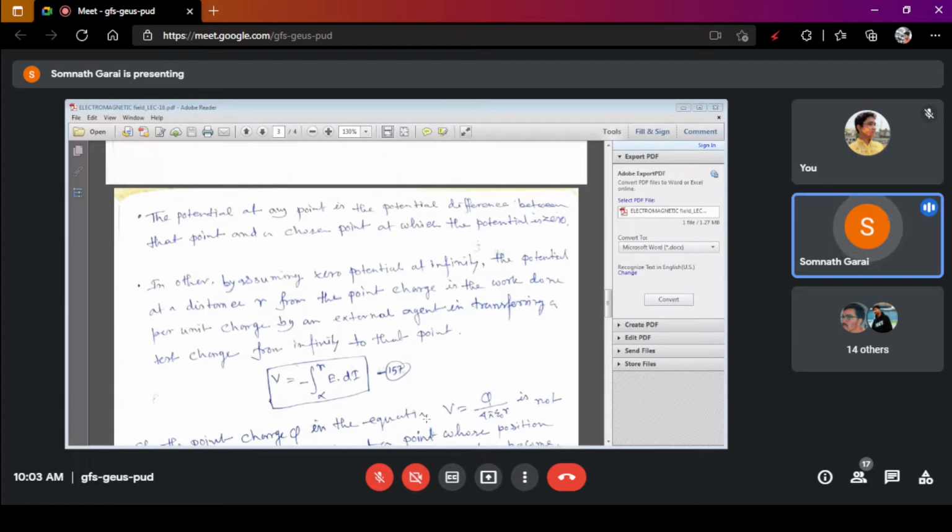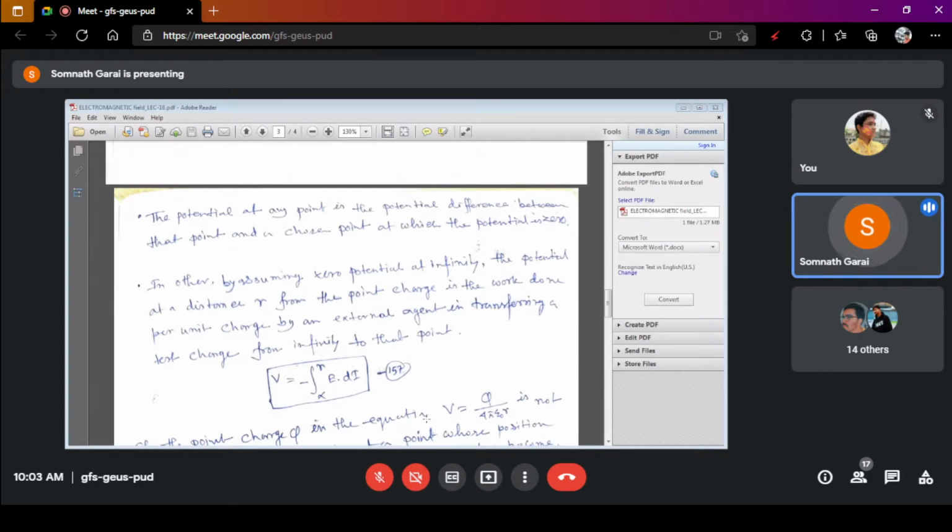The potential at any point is the potential difference between that point and a chosen point at which potential is zero. Got my point?